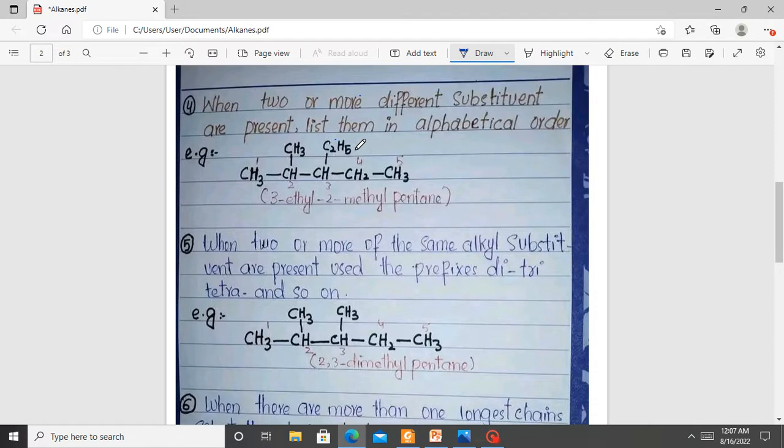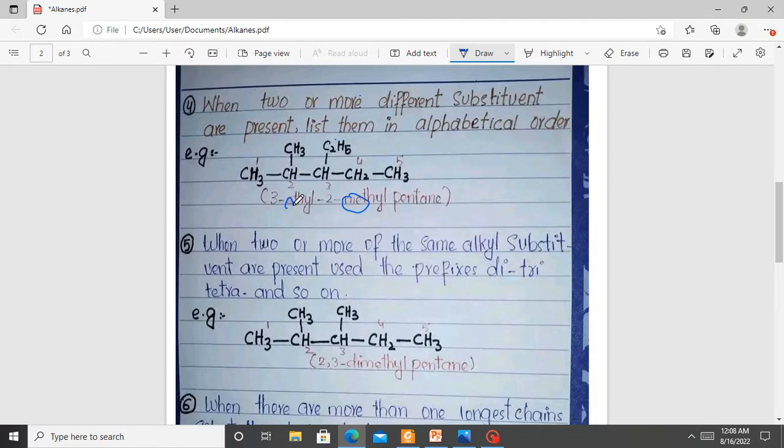So if we have two or more different substituents present in the same molecule, we list them in alphabetical order. As seen here, we have 3-ethyl-2-methylpentane. The substituents here are the ethyl and the methyl, but the ethyl starts with E at the third position, then the methyl starts with M at the second position. Since E comes before M, we start with ethyl before methyl.